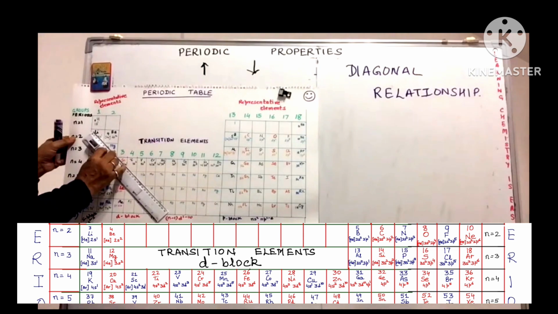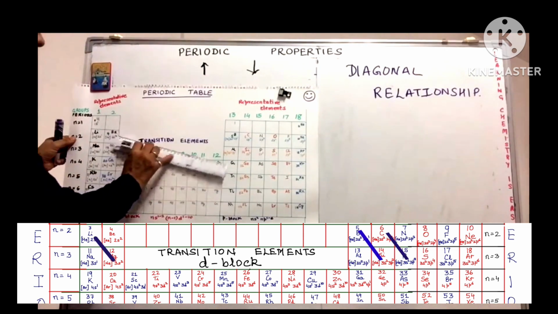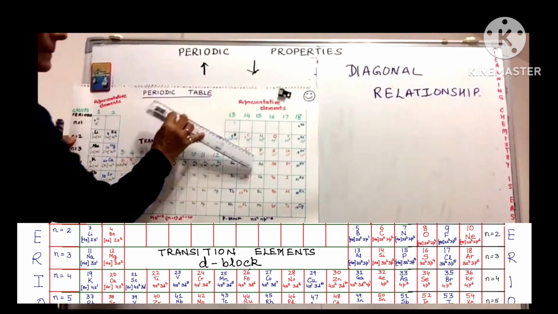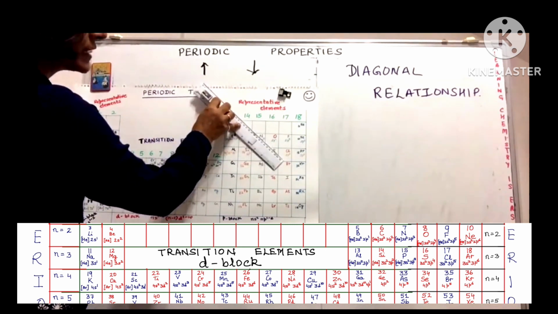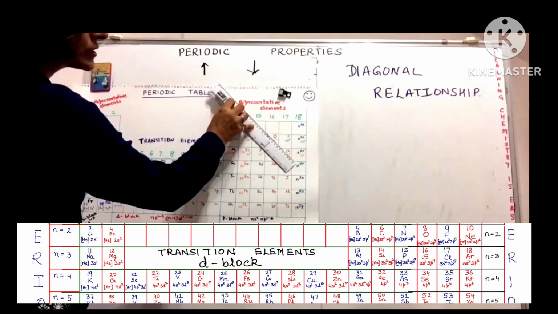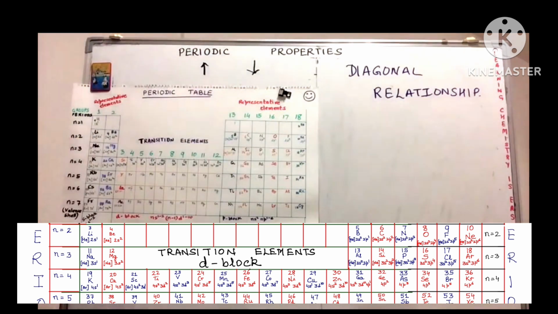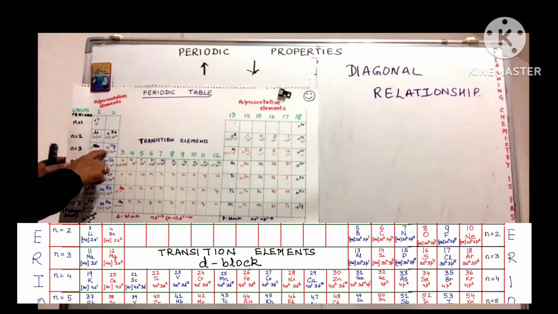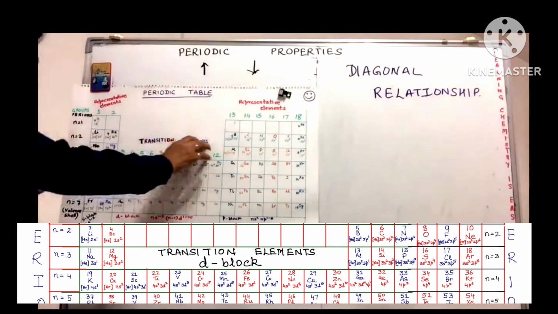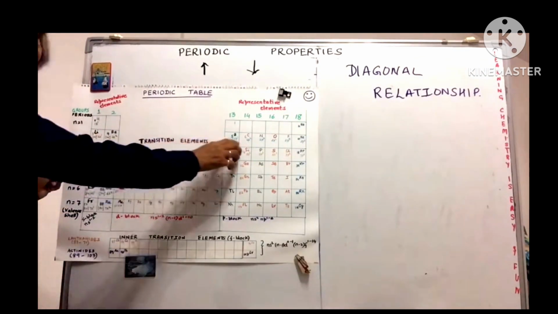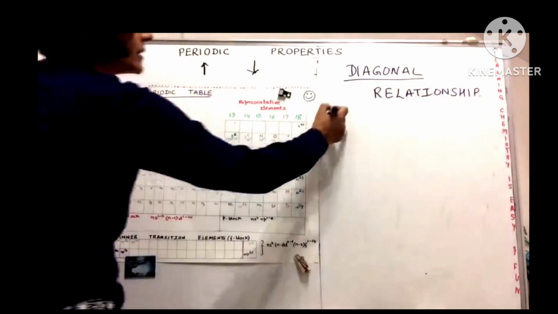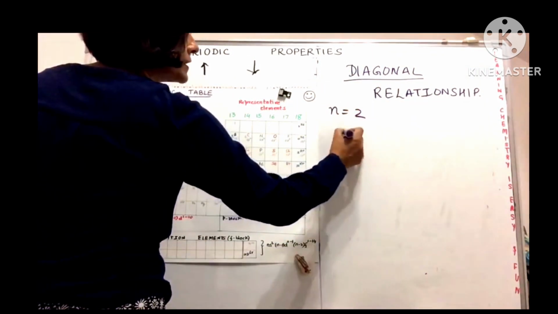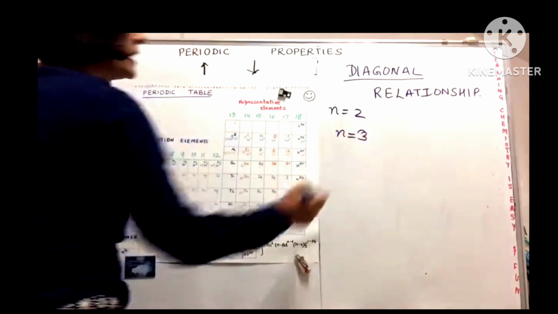So lithium, magnesium, beryllium, aluminium, boron, silicon, carbon, phosphorus, nitrogen, sulfur, oxygen, chlorine, right? In a lot of properties, physical and chemical, the elements of the second period diagonally resemble the elements of the third period.